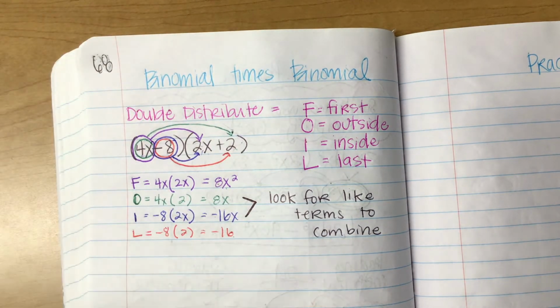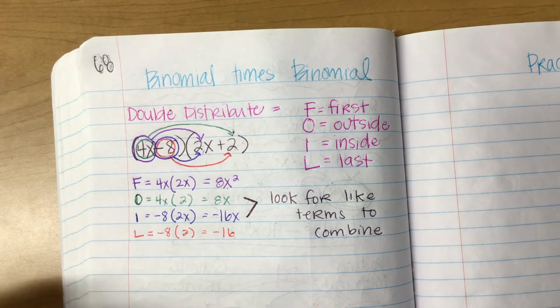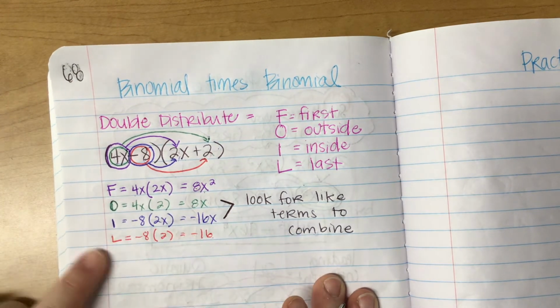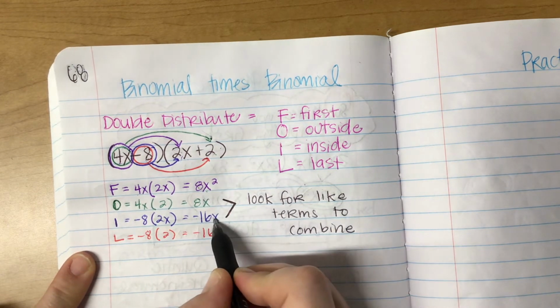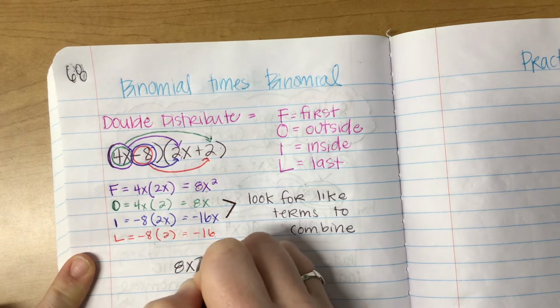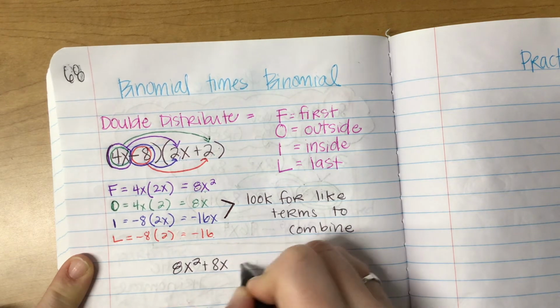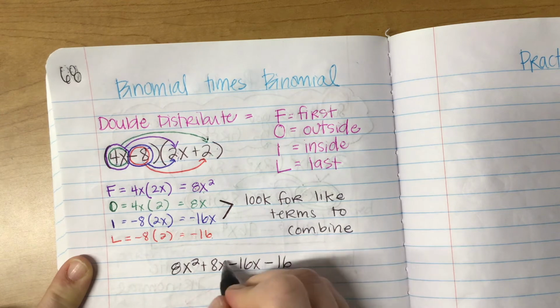Sometimes you can combine like terms and your answer will be a trinomial. Maybe it'll even be a binomial. But you're going to look for like terms to combine. These two are like terms. So my final answer, I'm going to write it out. Before I simplify, it's 8x squared plus 8x minus 16x minus 16.